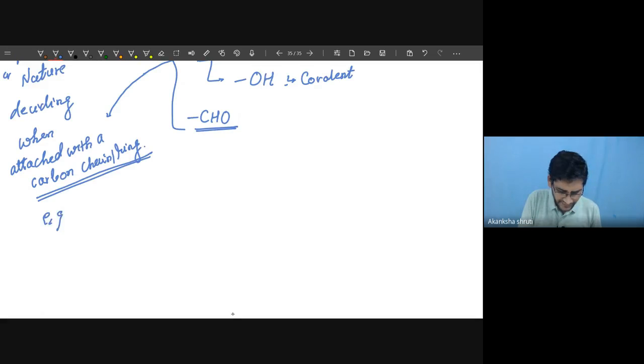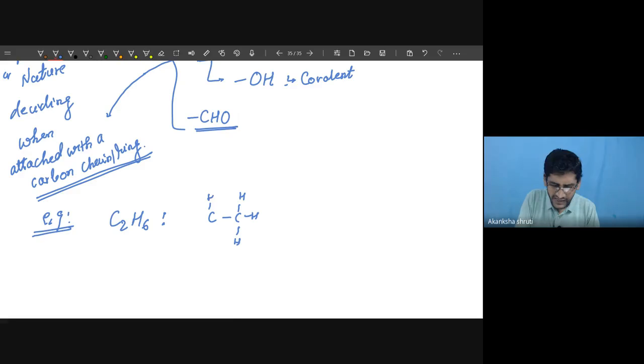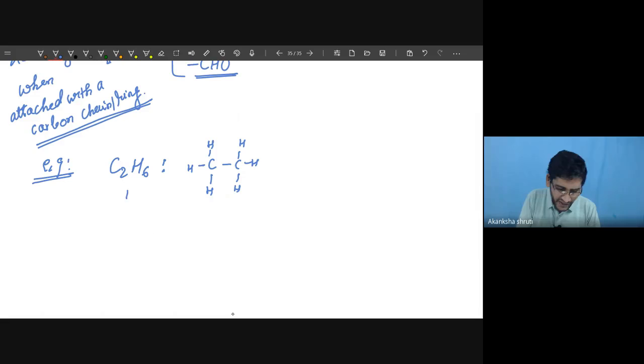Example, students, consider C2H6, just for simplicity. The structure is CC with H, H, H, H, H, H around it. But in place of one hydrogen, if I put a chlorine, meaning one hydrogen is replaced by chlorine, then C2H5 has five hydrogens and one chlorine.